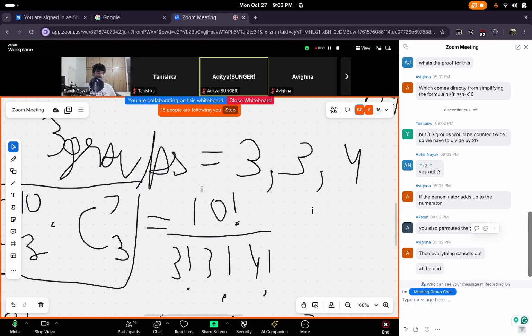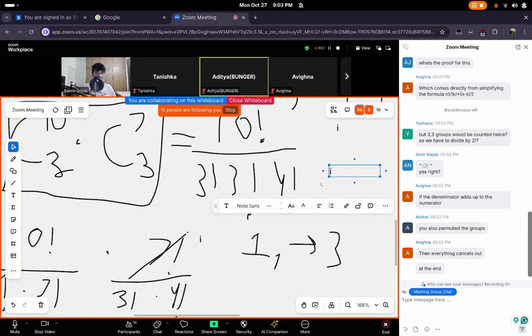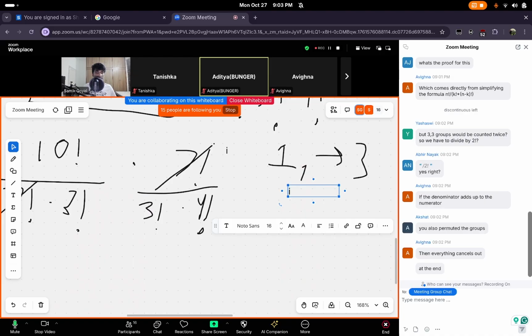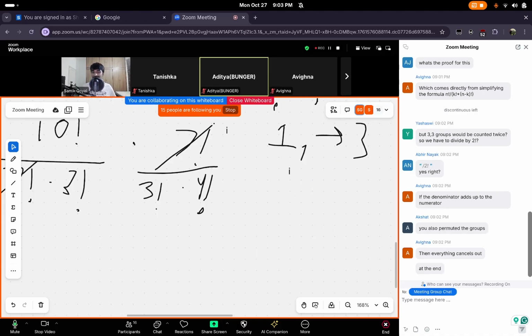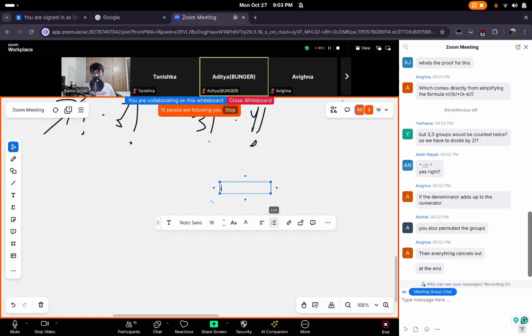I just want to quickly point that out. So I don't have to divide it by 2 factorial. I would have to if those were the same cases, but I'm taking them as unique groups. I don't know if it's a little hard to understand. Do people understand what I said there?